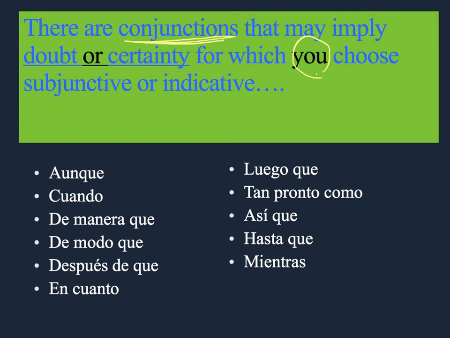Aunque, although, cuando, when, de manera que, in such a way that, de modo que, in such a way that, después de que, after, en cuanto, as soon as, luego que, as soon as, tan pronto como, as soon as, así que, as soon as. So four of them mean the same thing. Hasta que, until, and mientras, while. These are examples of conjunctions that may or may not be followed by subjunctive.